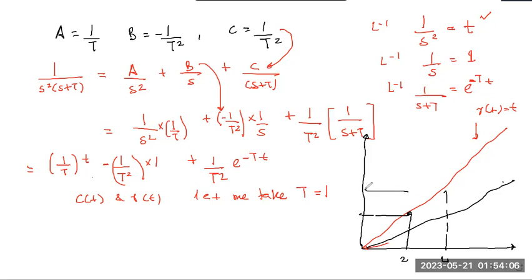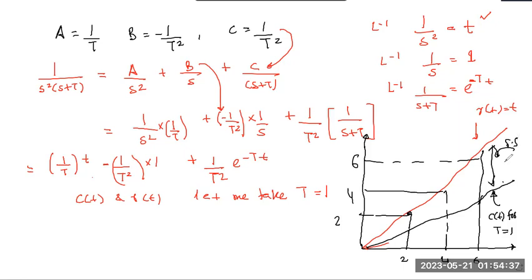This is 2, this is 4, and this value is equal to 6. So here I have drawn c of t for t equal to 1, and this is the function r of t. Here you can see that this portion between them represents the steady state error.